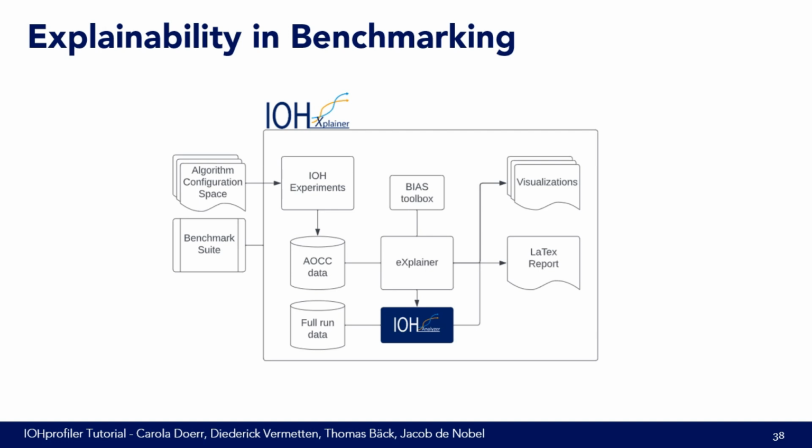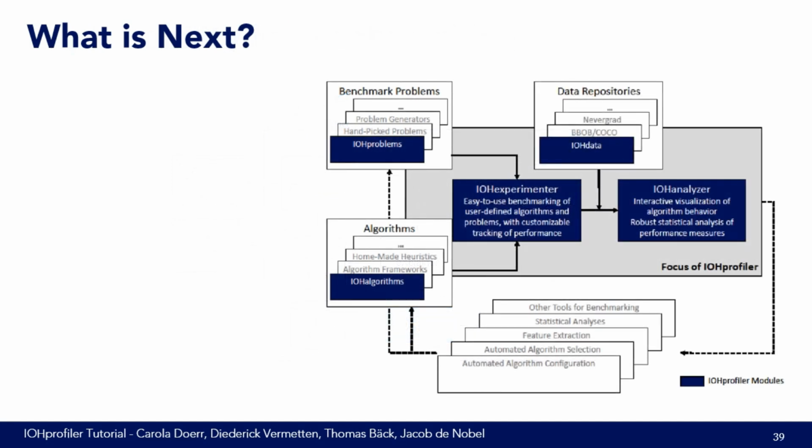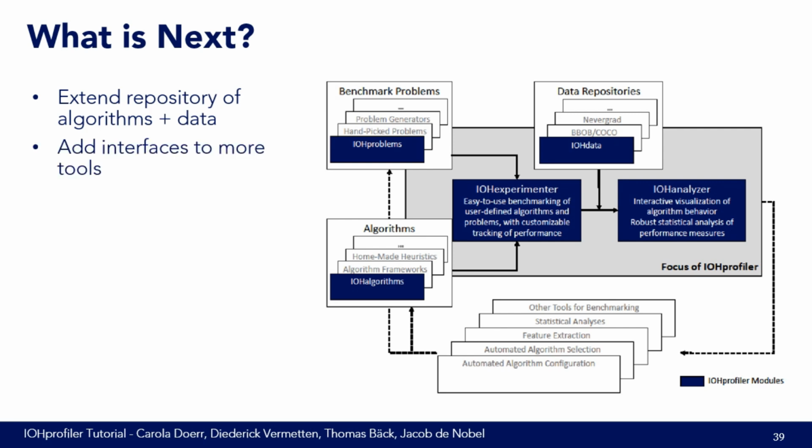So IOH Profiler at this point is a relatively stable tool with different modules that are in use by hopefully quite a few of you. And we're always trying to extend the repository of available algorithms, problems, data that we have available, and to keep working to integrate with different tools that the community is actively using.